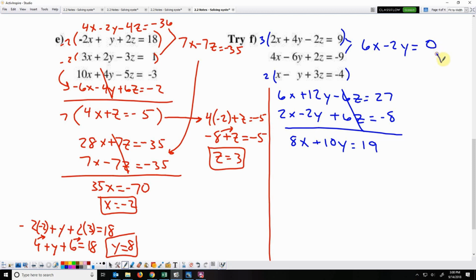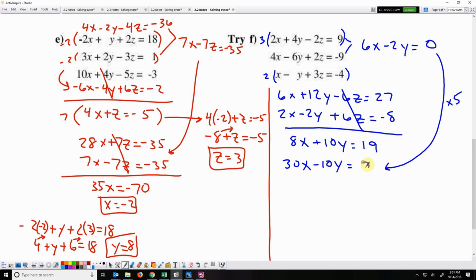So if I bring this one down here, I can eliminate the y's. I've got a positive and a negative. And if I multiply this 2 by 5, I'll get a negative 10. So I'm going to multiply by 5 as I bring it down. 30x minus 10y, so that's 6 times 5, and negative 2 times 5.